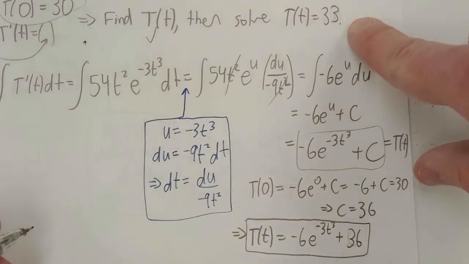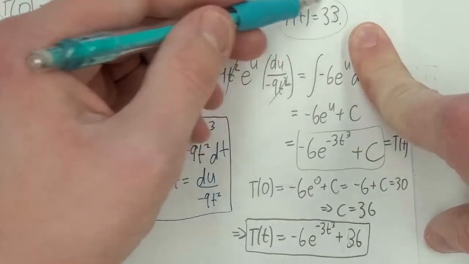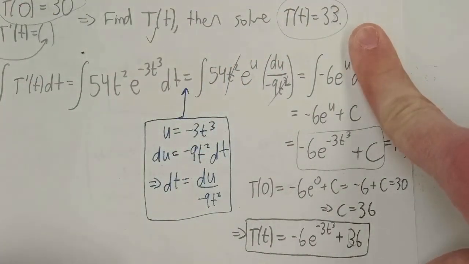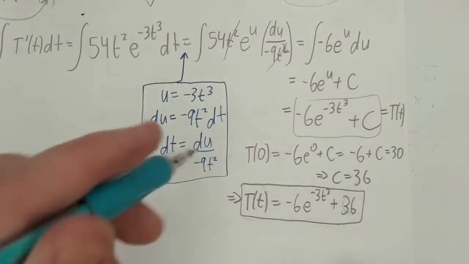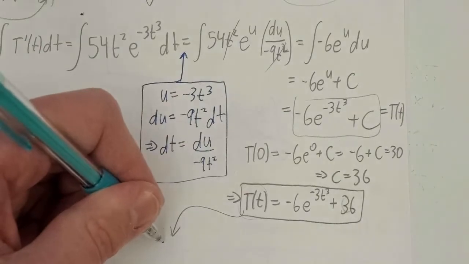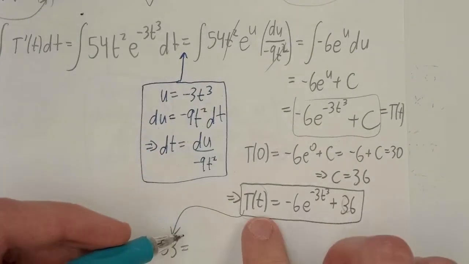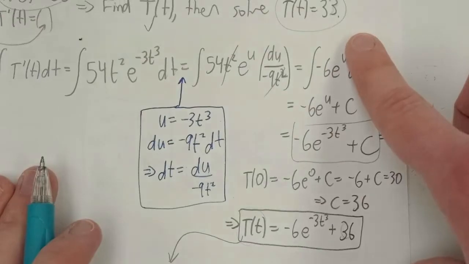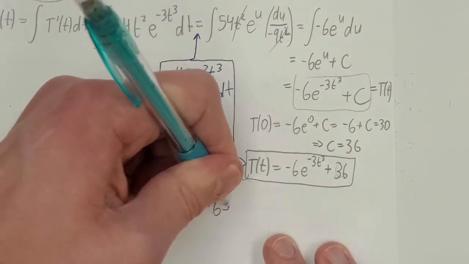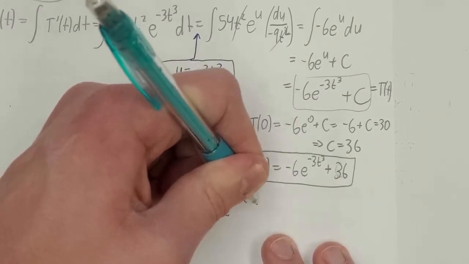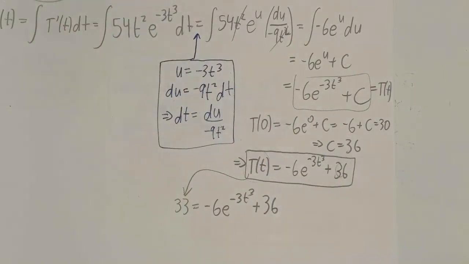But now we also have to figure out what this equation gives us. If we set big T of little t equal to 33, let's see what happens. Then we end up with -6 e to the -3t cubed plus 36. Since we have about 5 minutes, take a few minutes to solve for the exact value of t.